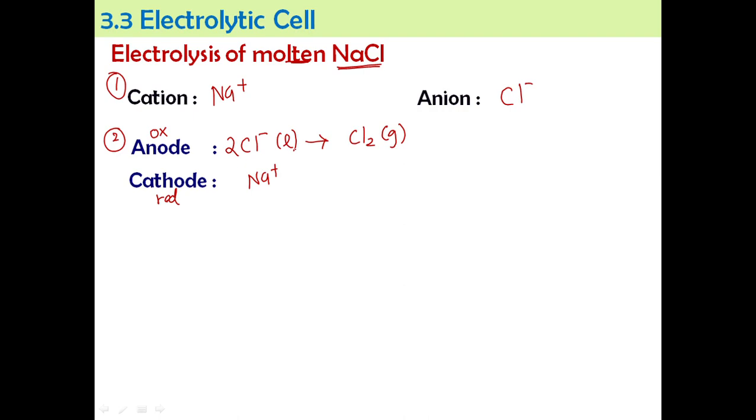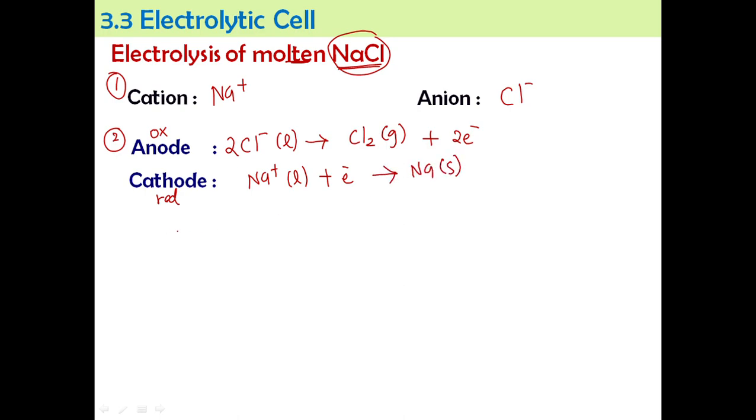Okay, tak boleh aqueous tau, dia mesti liquid. Okay, dalam ni tak ada air. Okay, pure NaCl, no water exists in molten salts. So the phase must be in liquid. Okay, plus 2 electron. For Na plus also in liquid plus electron and produce Na solid.